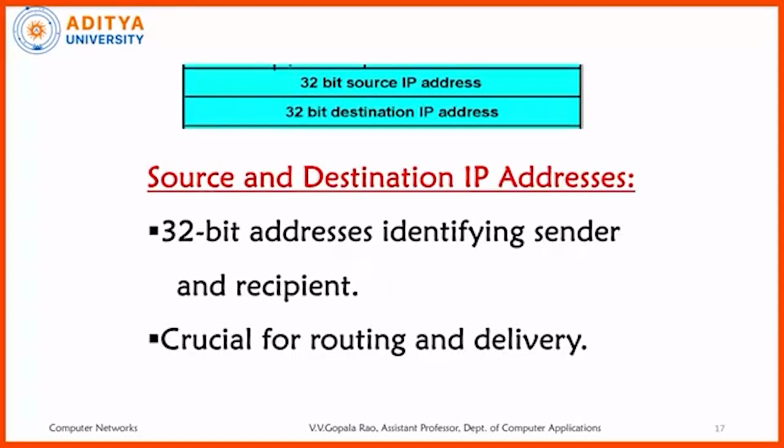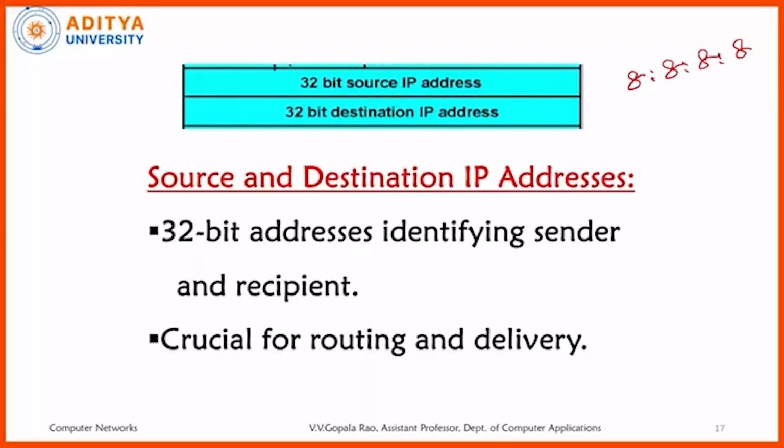And the source and destination IP addresses. The source address is 32 bits, and this 32 bits is divided into 4 parts, taking every part as 8 bits: 8 bits, 8 bits, 8 bits, and 8 bits.